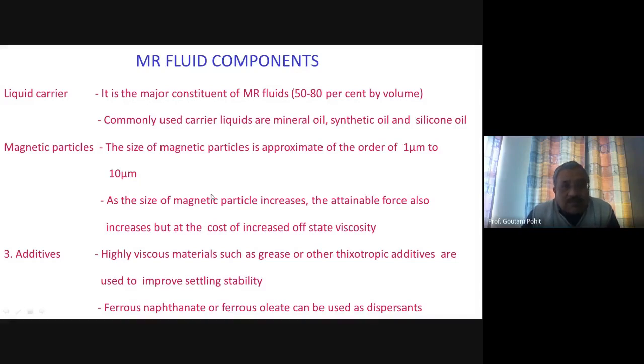Additives, highly viscous materials such as grease or other thixotropic additives, are used to improve settling stability. Ferrous naphthenate or ferrous oleate can be used as dispersant. So these are the components of MR fluids.